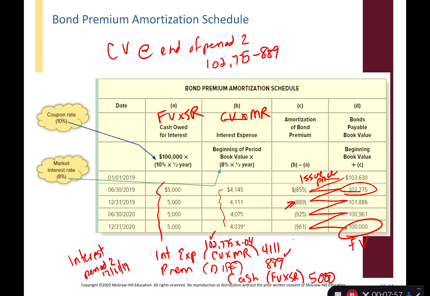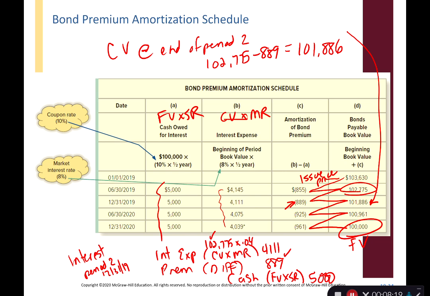And that comes out to 101,886, which is the carrying value that also shows up in our chart. So by doing our journal entry, we can get our carrying values, our interest expense, our cash paid, and our premiums. All those numbers show up in the amortization schedule.